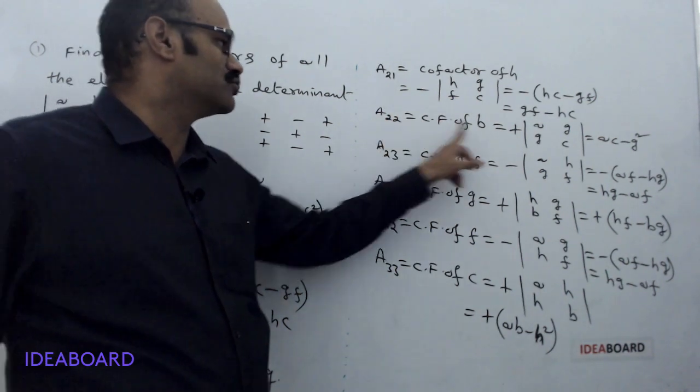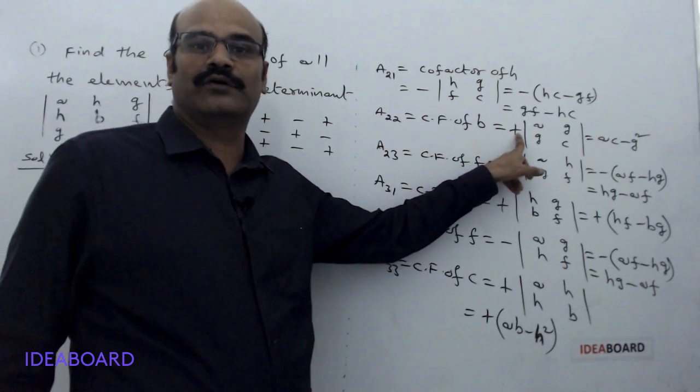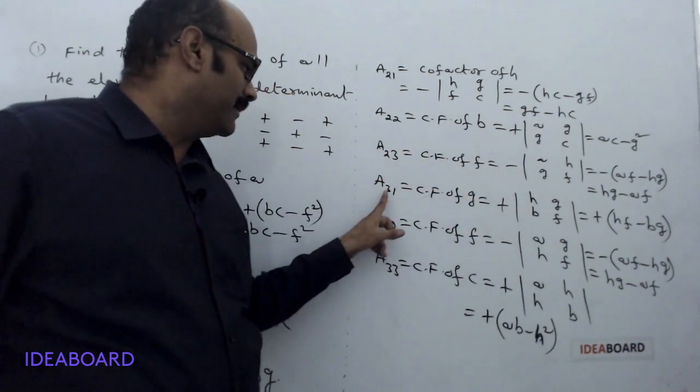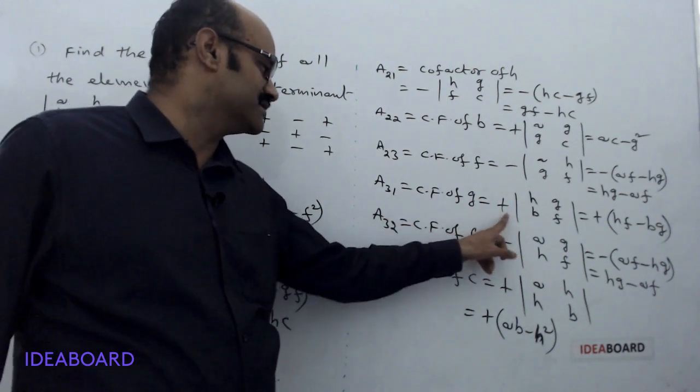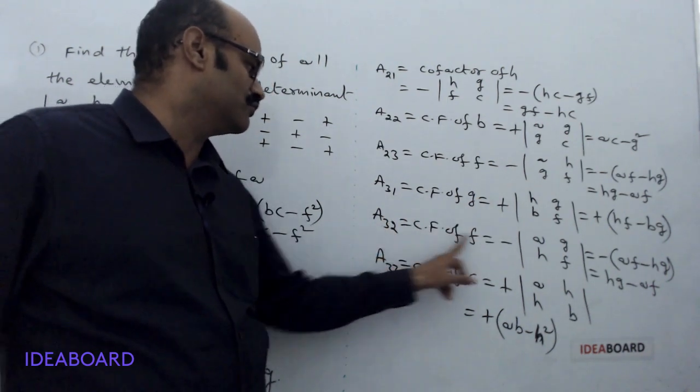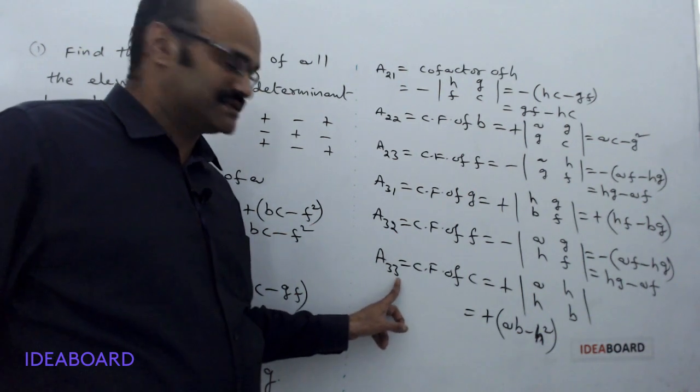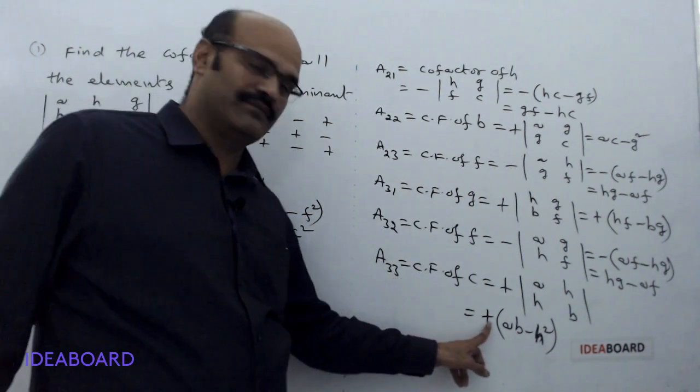Minus 1 whole power 2 plus 2, minus 1 whole power 4, plus. Minus 1 whole power 2 plus 3, minus. Minus 1 whole power 3 plus 1, plus. Minus 1 whole power 3 plus 2, minus. Minus 1 whole power 3 plus 3 is 6, so minus 1 whole power 6 equal to plus.